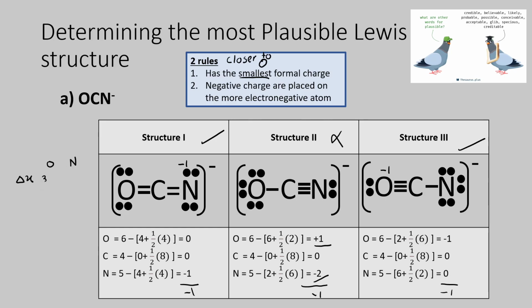So oxygen is 3.44, while nitrogen is 3.04. So don't worry, electronegativity punya values will be given. So jangan risau, lama nak kena hafal ke? Tak payah.